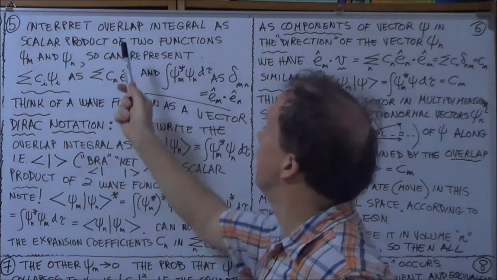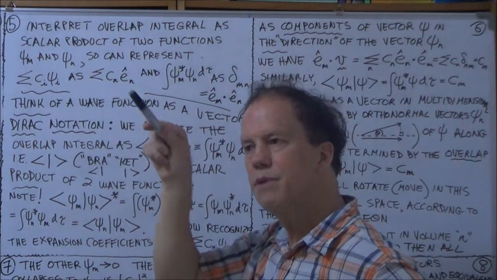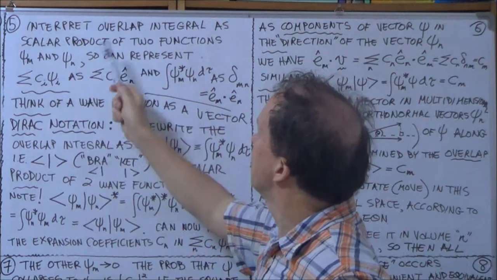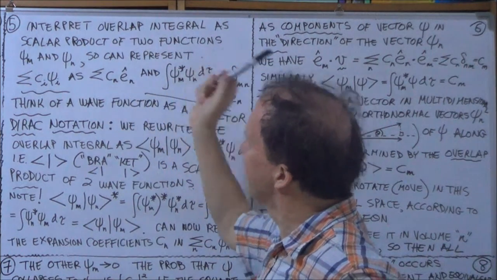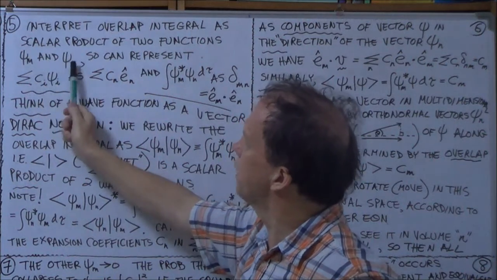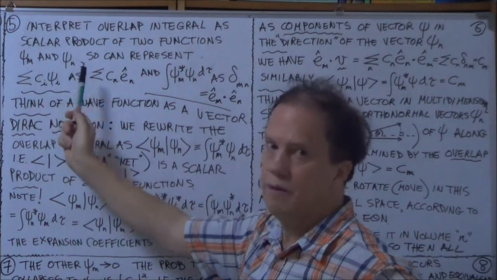So translate an overlap integral, right? That's psi m star times psi n integrated over the volume. That's your overlap integral, and think of that as now a dot product of two vectors, where you're thinking of your wave functions now as vectors.